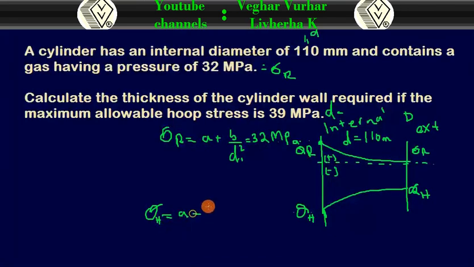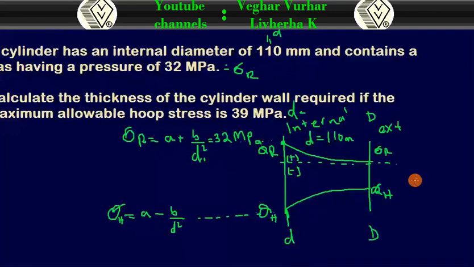The hoop stress is given by, which is here. So here we have the internal diameter and external diameter. So this represents the external diameter, and then the hoop stress here it's 0.